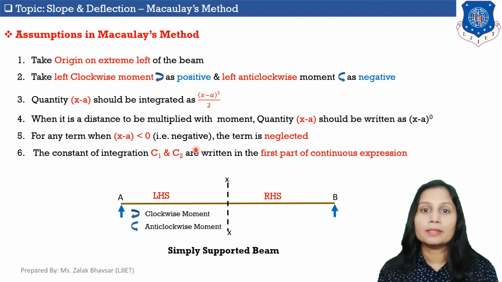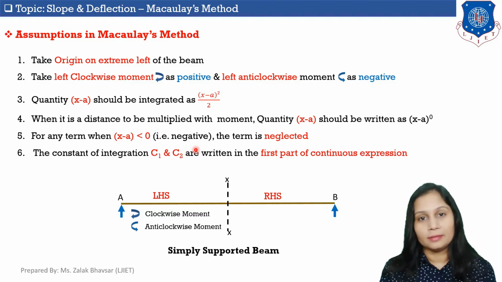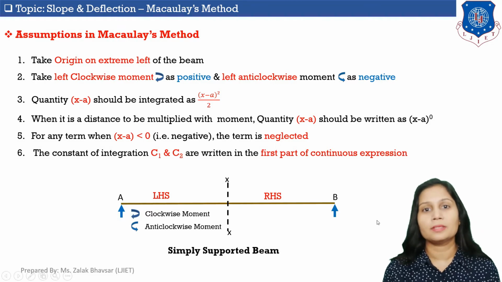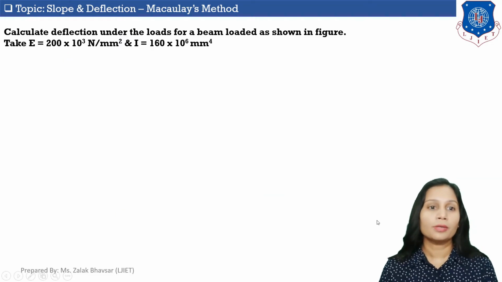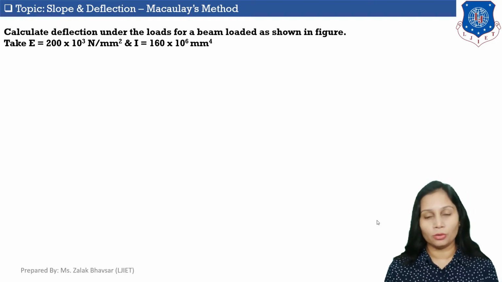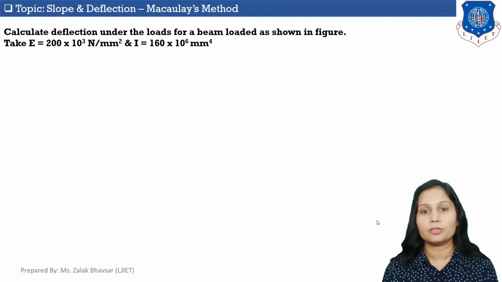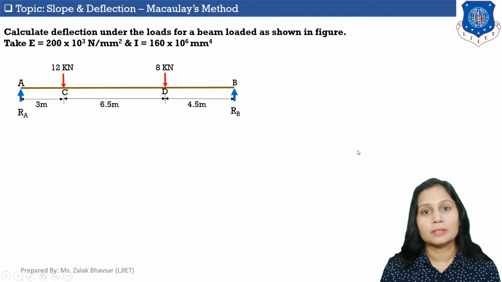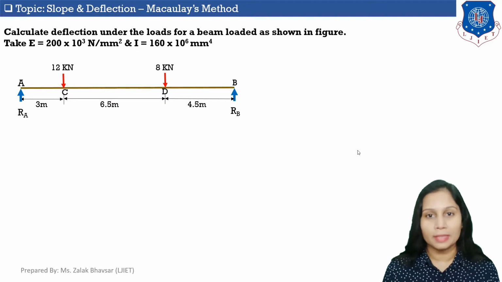Now let's solve a numerical using these assumptions. Okay, so here is the data. We need to calculate deflection under the loads for a beam loaded as shown in the figure. So as per this figure, one simply supported beam AB is given.